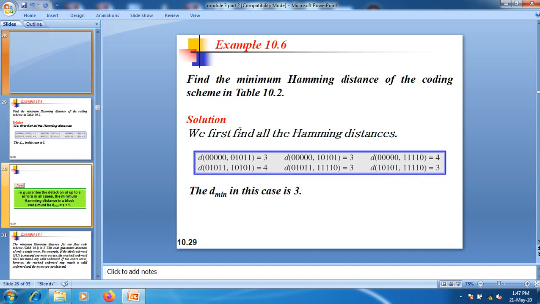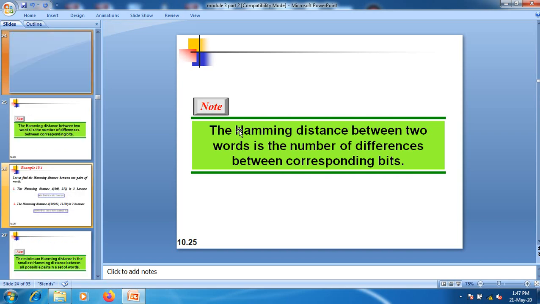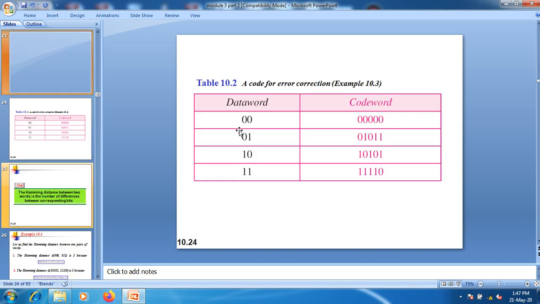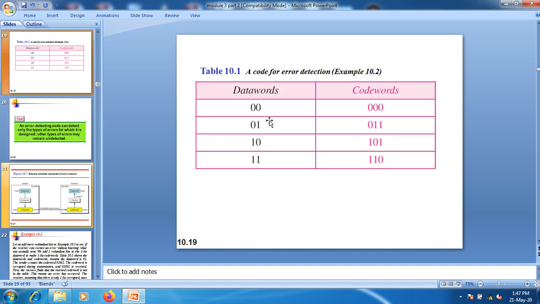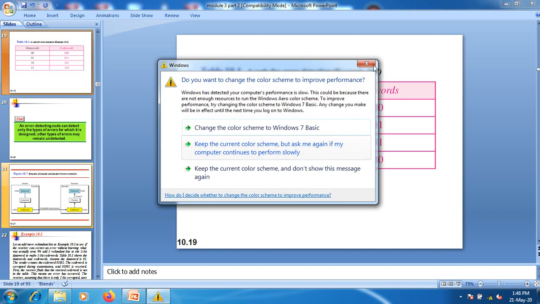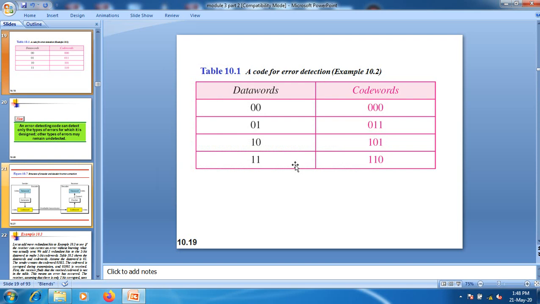In this particular table, here we have code words: 0 is coded as 000, 01 is coded as 011, 10 becomes 101, and 11 has its code word as 110.